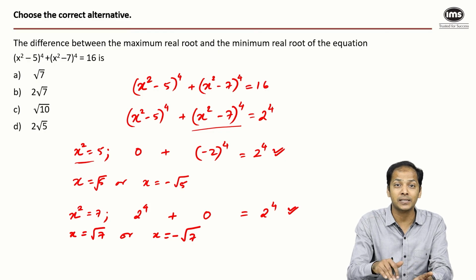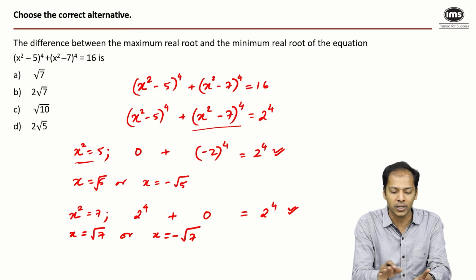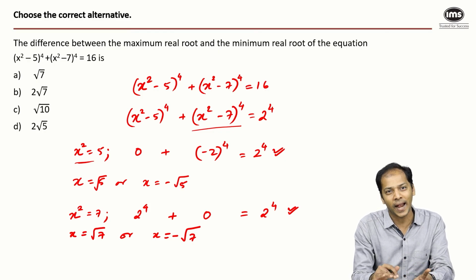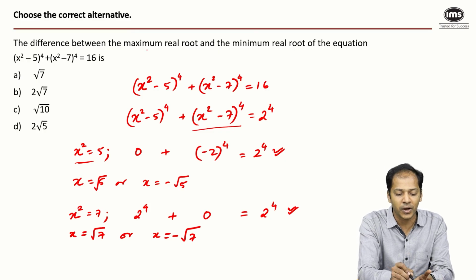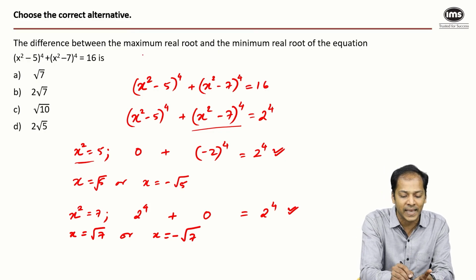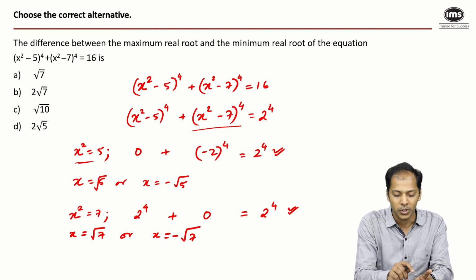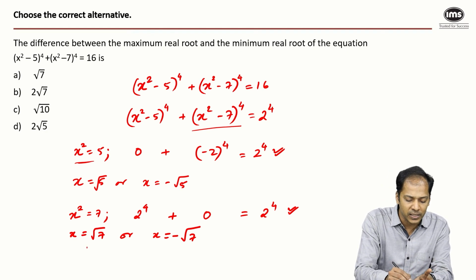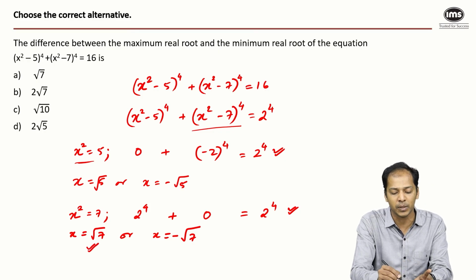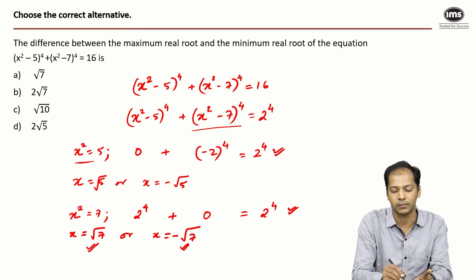Now, does the answer require me to go beyond these 4 values? For that, I'll just have a look at the options. First of all, we were asked to find the difference between the maximum and the minimum real root. Based on the roots that I found, the maximum one is √7 and the minimum one is -√7.